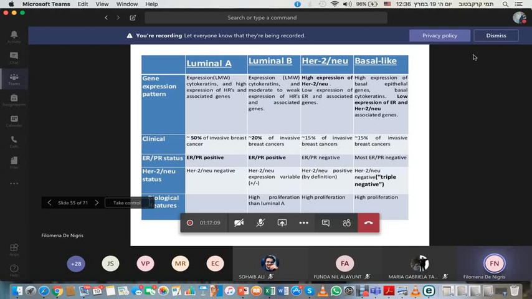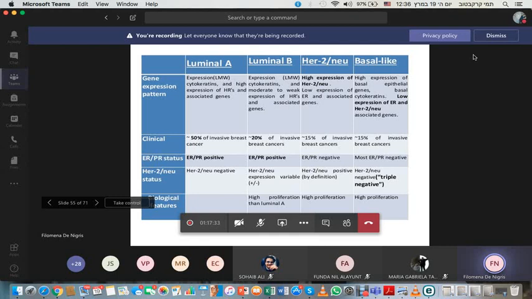So these patients are negative to estrogen and progesterone, and this kind of tumor is highly proliferative, so they are very high P53 positive, they are Ki67 positive, they have a high rate of proliferation.